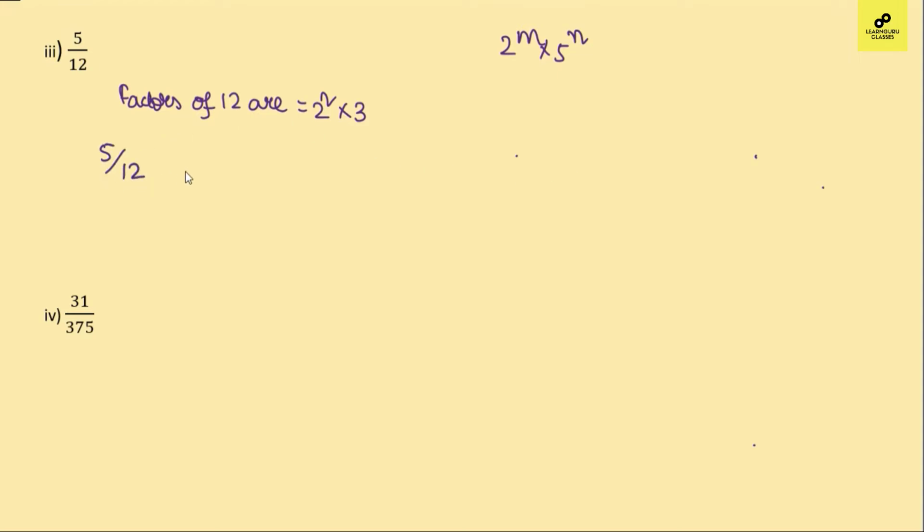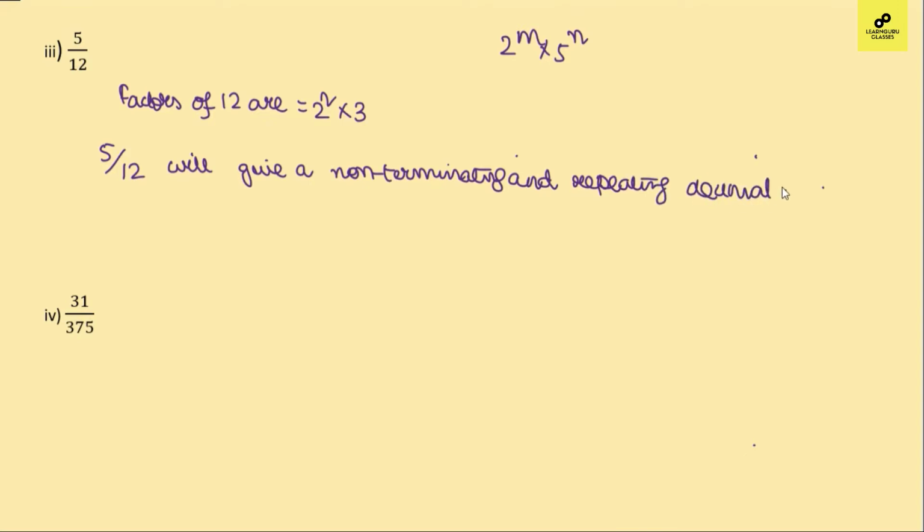So, 5 by 12 will give a non-terminating and repeating decimal expansion.